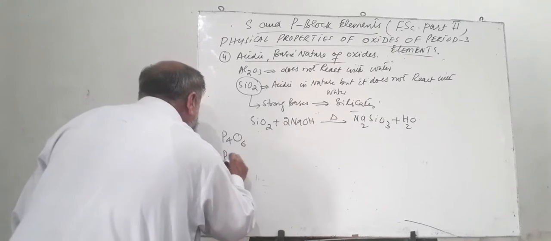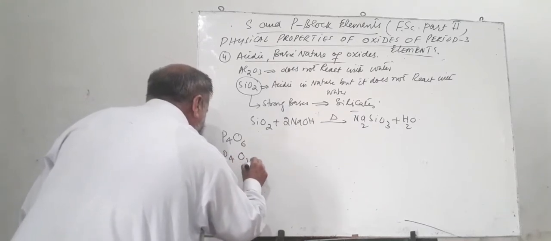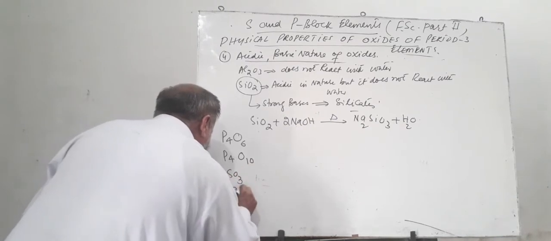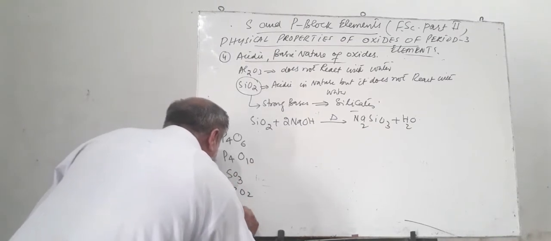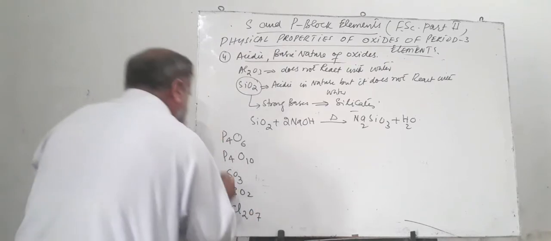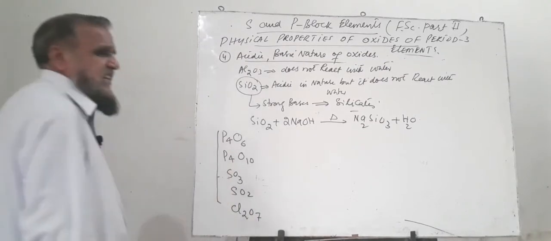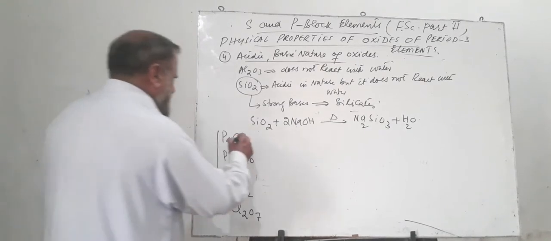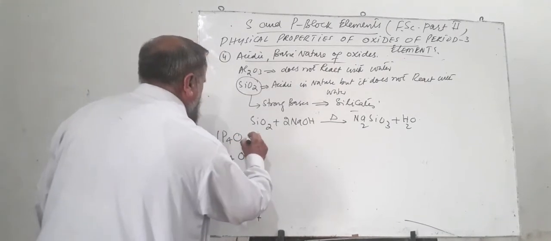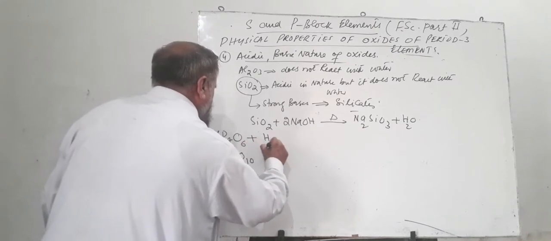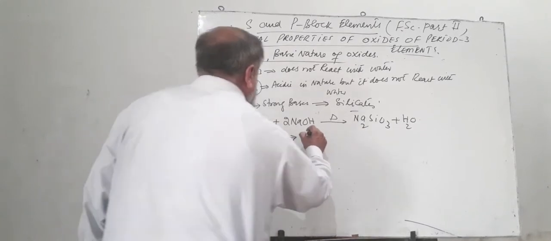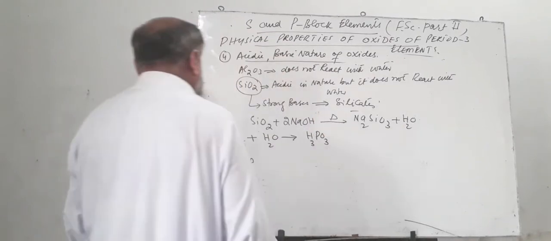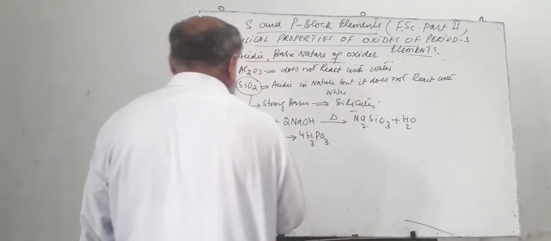Rest of the oxides such as phosphorus trioxide P4O6, phosphorus pentaoxide P4O10, sulfur trioxide, sulfur dioxide and oxides of chlorine Cl2O7, all of them are acidic in nature. They react with water and produce acids. For example, P4O6, phosphorus trioxide, reacts with water and produces phosphorus acid, orthophosphorus acid, 4H3PO3.